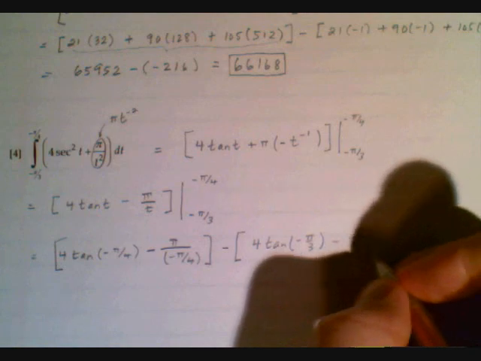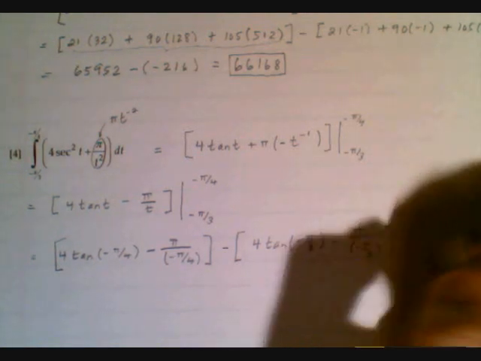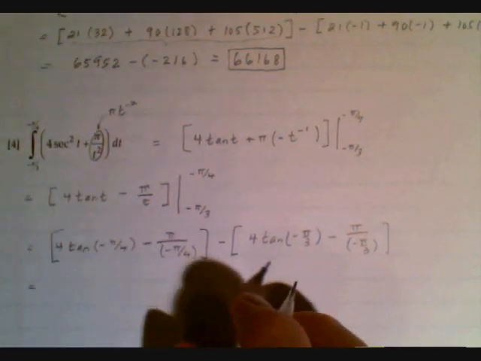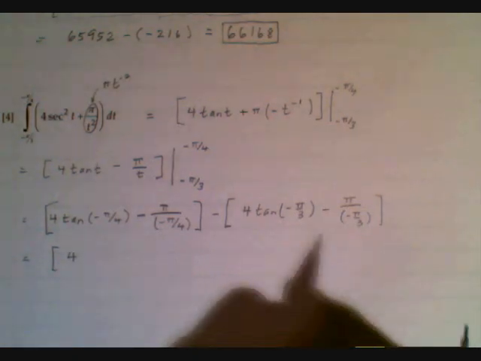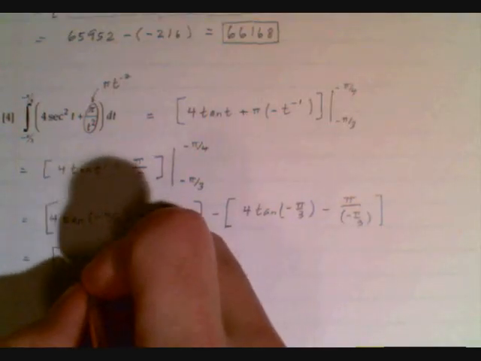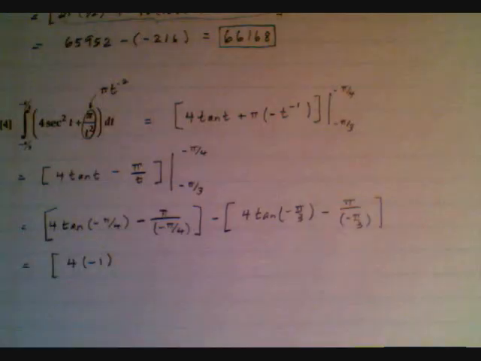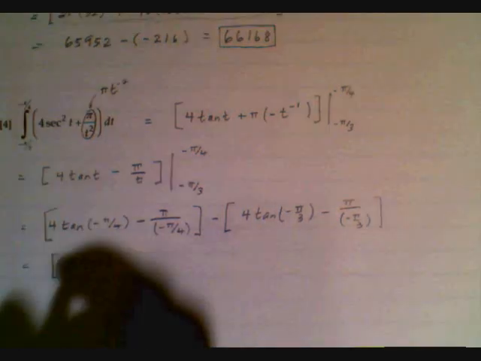Okay, well, the tangent of negative pi over 4 is negative 1. You can get that from your calculator. You can get that from the unit circle, whatever. Plus, well, you can see why it's plus.